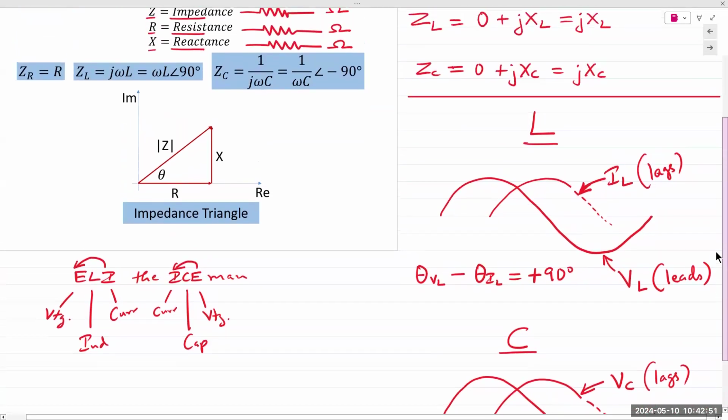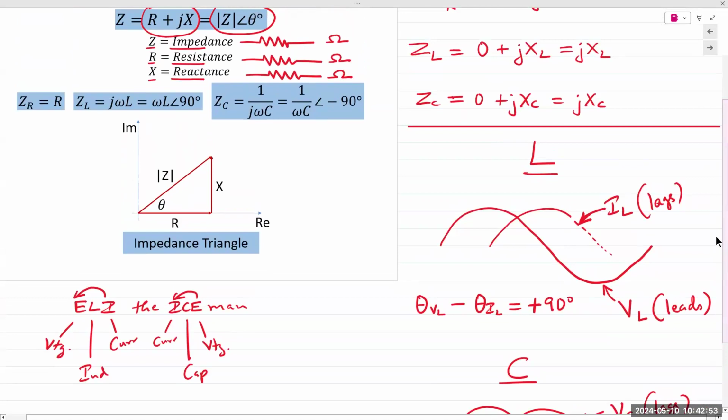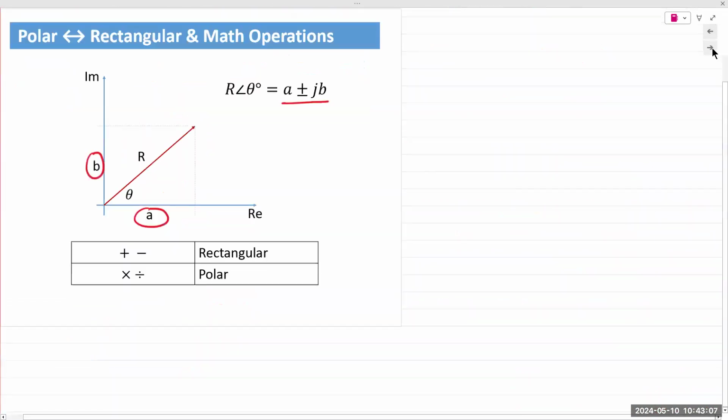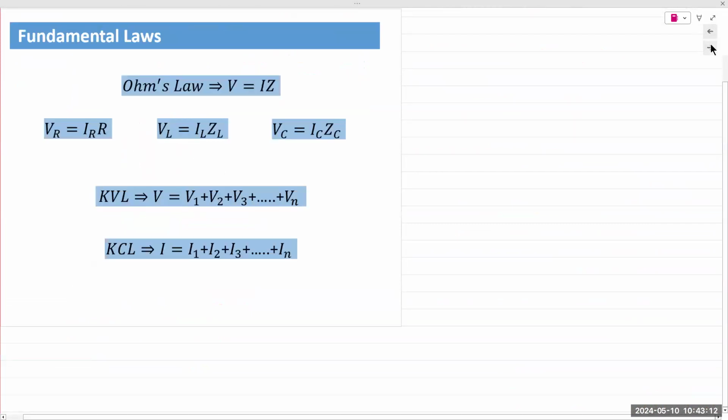All right. So now I want to explain why this is important and the meaning of this minus 90 and plus 90 in these equations for the impedances. I will go over the math operations a little bit, but the whole point of doing all this math is that we use complex math to make the math less complex. If you have a circuit, you apply a voltage or a current, time varying, cos omega t, sine omega t, whatever.